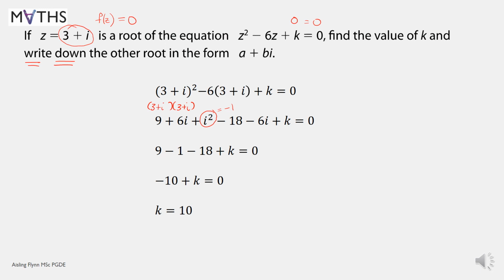The answer should come immediately and you just have to write it down. So think back to the previous slide. We said if we have a complex number as a root, then by the theorem, its complex conjugate is another root. So by the conjugate root theorem, the other root is 3 minus i, or z bar.